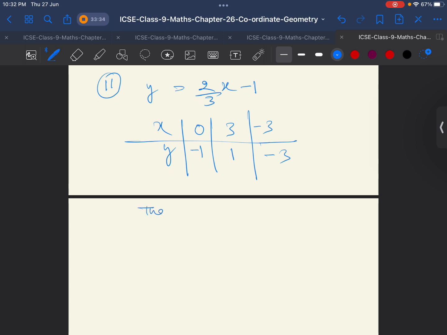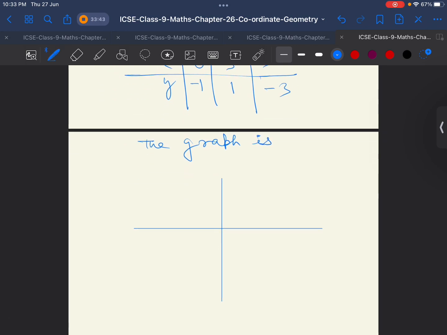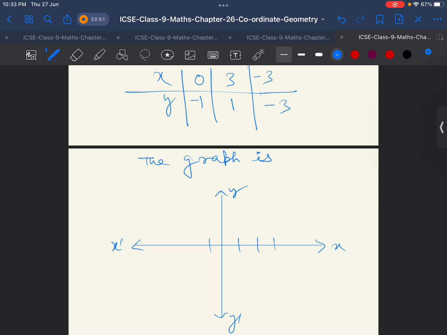Okay, then the graph is x dash, y dash. 0, minus 1 is this point, 3, 1, minus 3 is here.